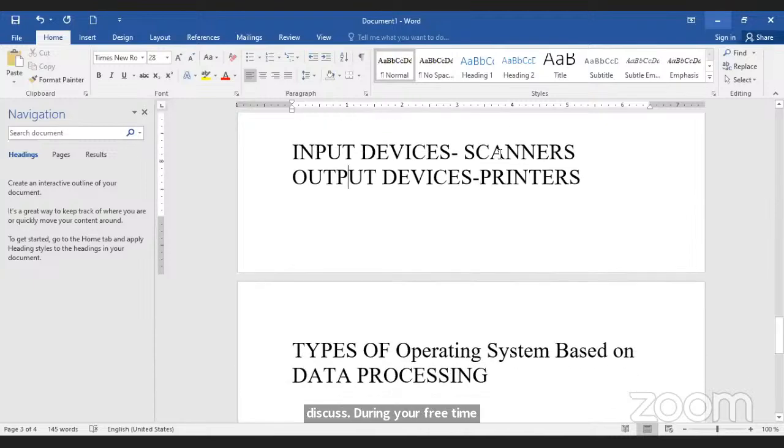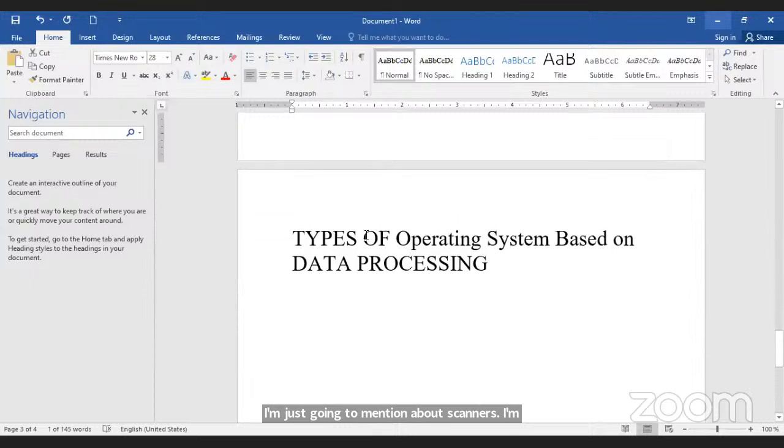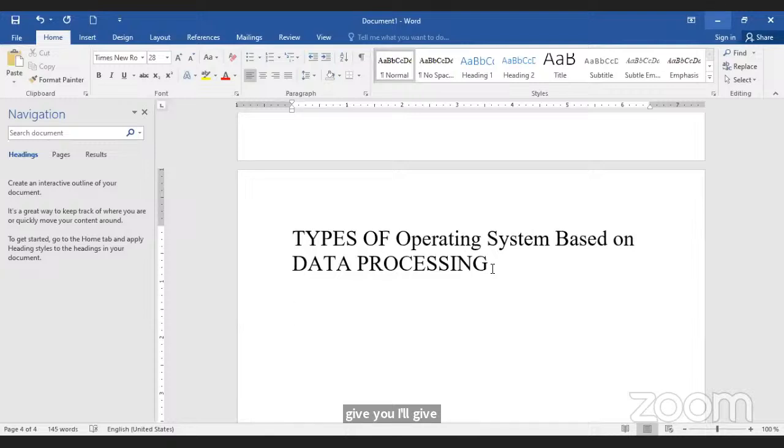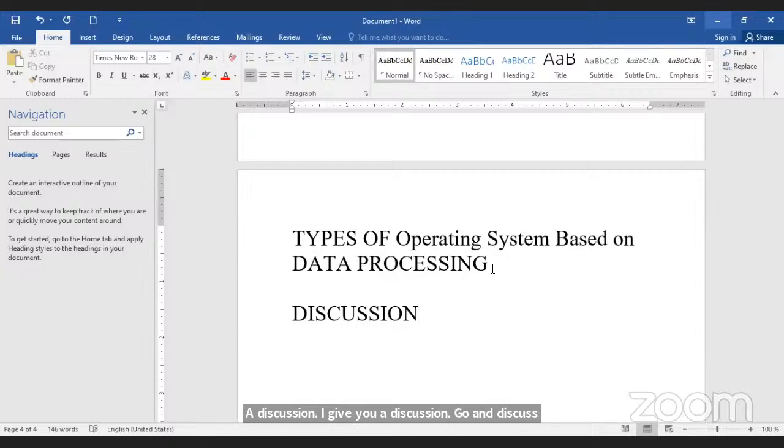I'm just going to mention scanners and printers. I will concentrate much on types of operating system based on data processing. Then by the end, I'll also give you a discussion, go and discuss computer networks.